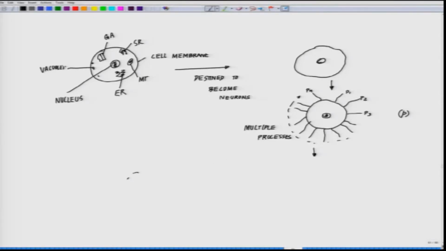So, one of the processes out here becomes longer like this, whereas the rest of them may form networks like this, but will not grow any further, and they form complex networks.